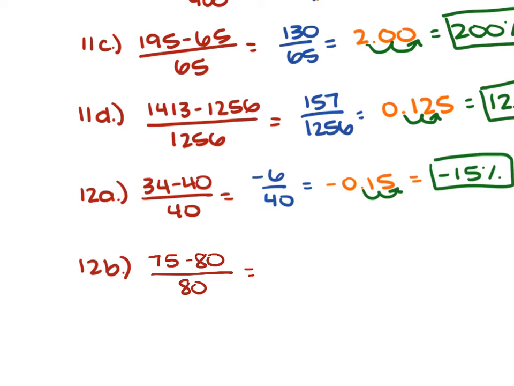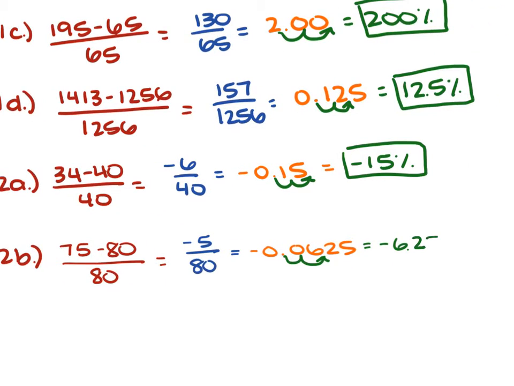So the 75 minus 80 is negative 5 over 80. The negative 5 over 80 is negative 0.0625. So we turn this into a percent. That's going to give us negative 6.25%.